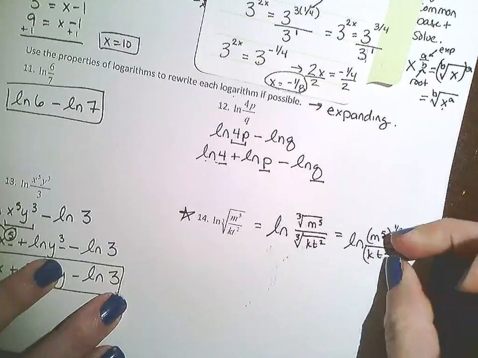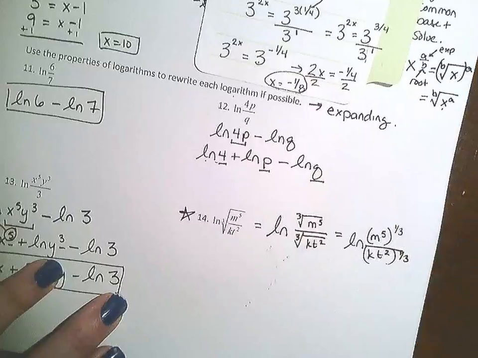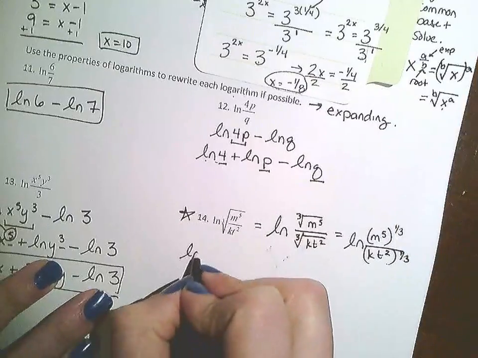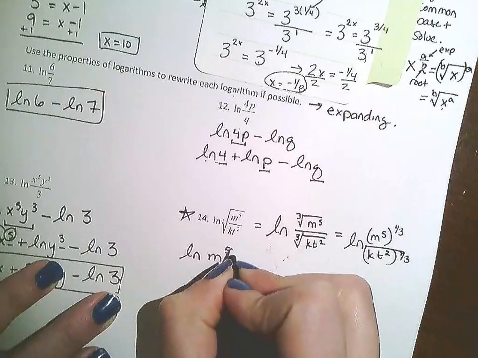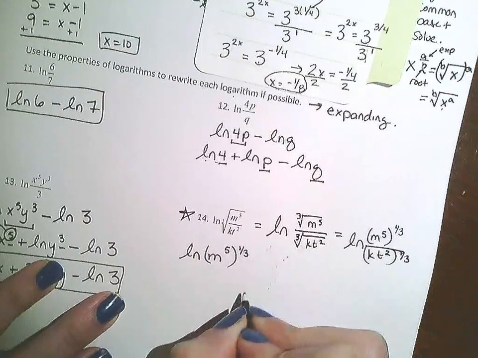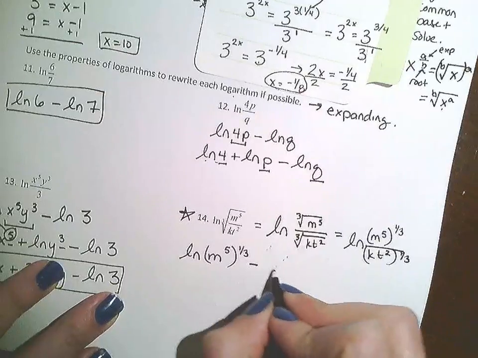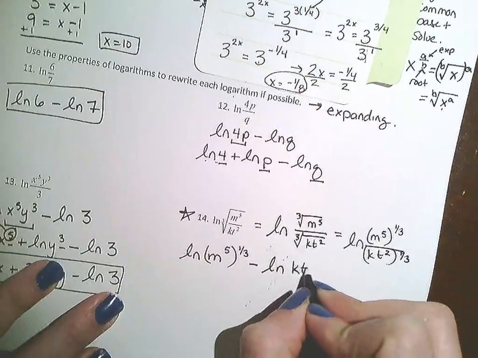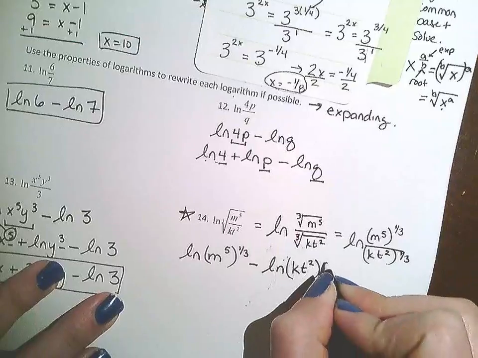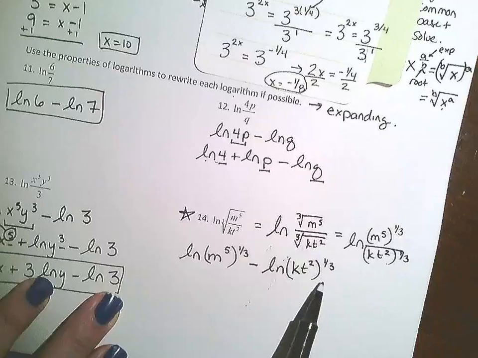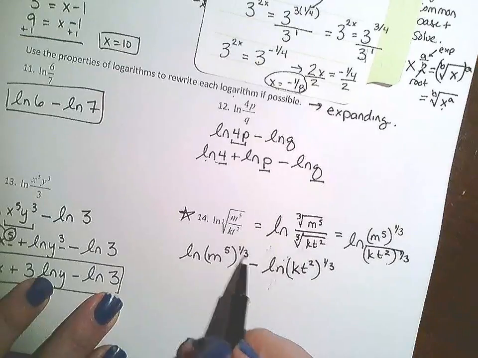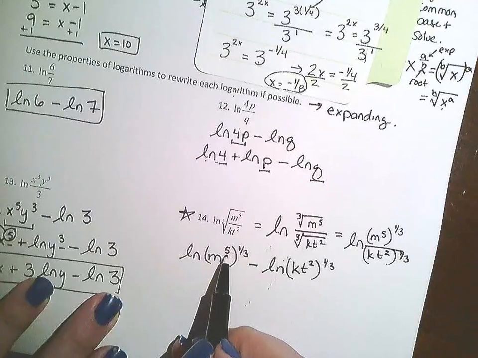All right, so now I'm going to start dividing. I'm going to first get rid of the division. So this becomes ln m to the 5th raised to the 1/3 minus ln kt squared, still in parentheses, to the 1/3. All right, there's two things that you can do here. You can either multiply in that 1/3 to all exponents on the inside right now, or wait and do it later.